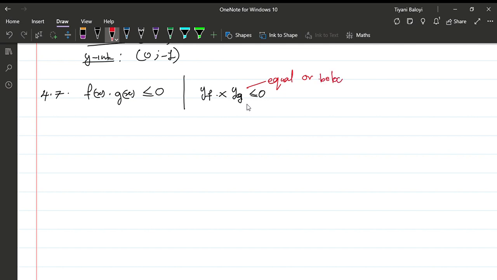Or negative. When do you get a negative answer when you multiply two things? You get a negative answer when you multiply a positive by a negative. So it means that where these two have different signs, we should be looking there, right?